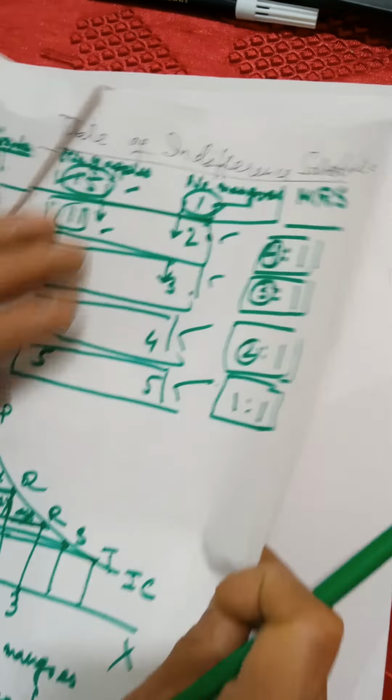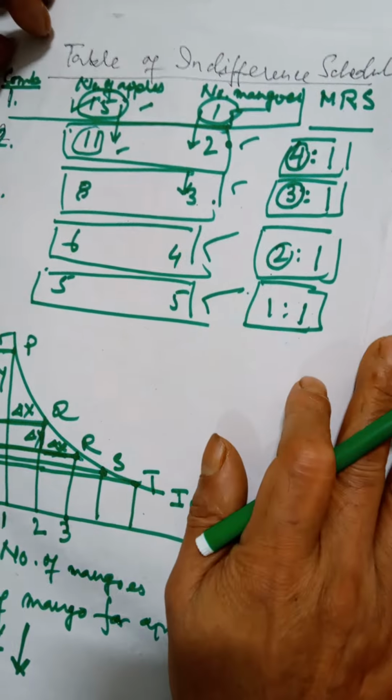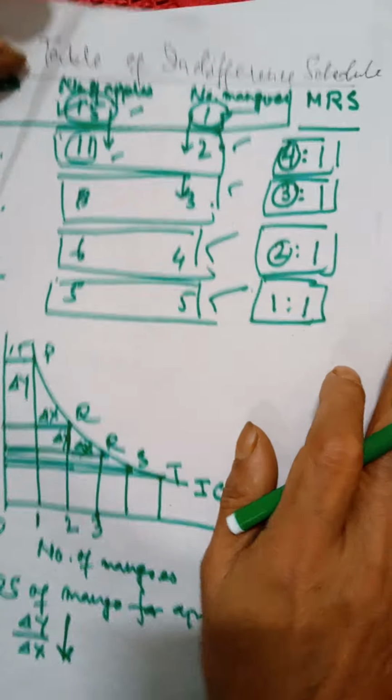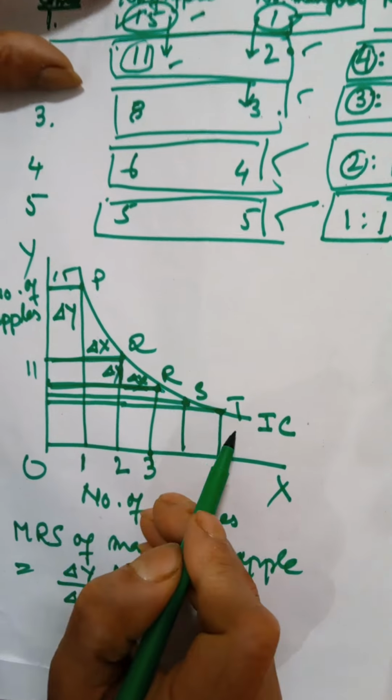Here I am drawing the indifference curve and indifference map. Here you have seen one indifference schedule by which we have drawn one indifference curve.